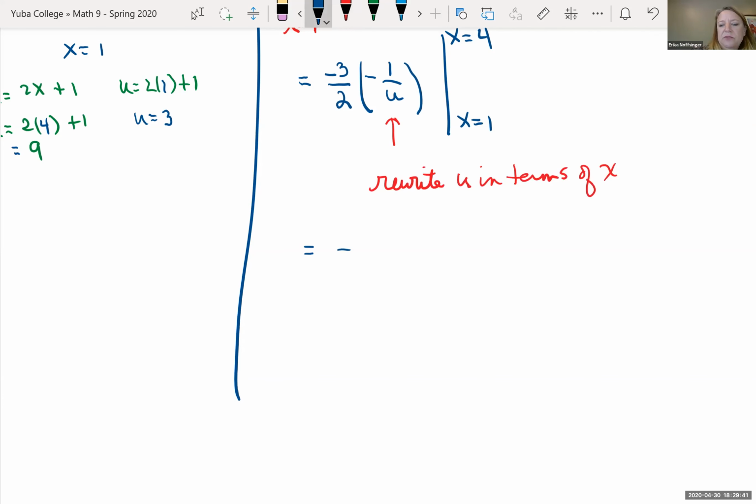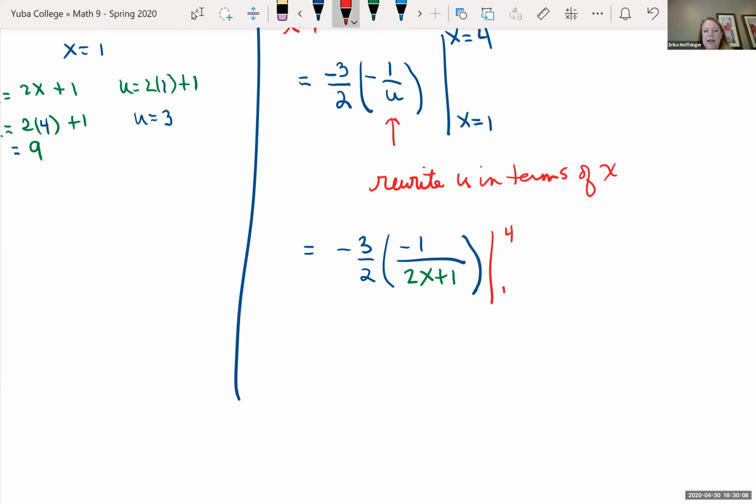So doing that, we have -3/2, this is -1 all over u. We had chosen u to be the 2x plus 1. And now we're evaluating this from x equals 1 to 4.